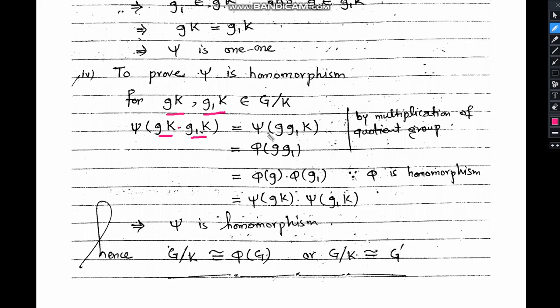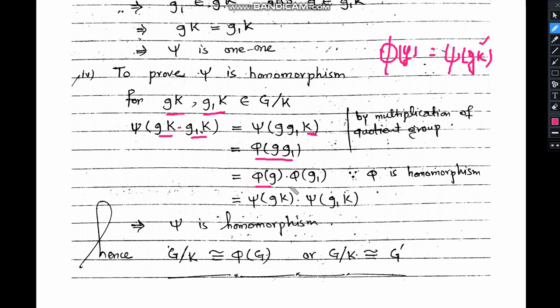Again, we are applying here the definition of phi, replacing the definition of psi in terms of phi, as we know that phi of G is equal to psi of Gk. So if you replace your psi with phi, then this k will be omitted from here. So here we have omitted this. Again we are writing it as phi of Gg1.